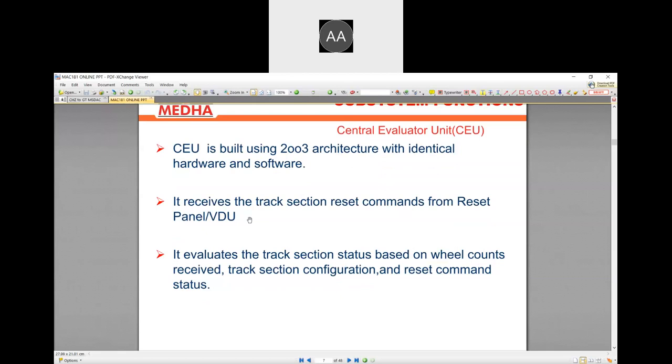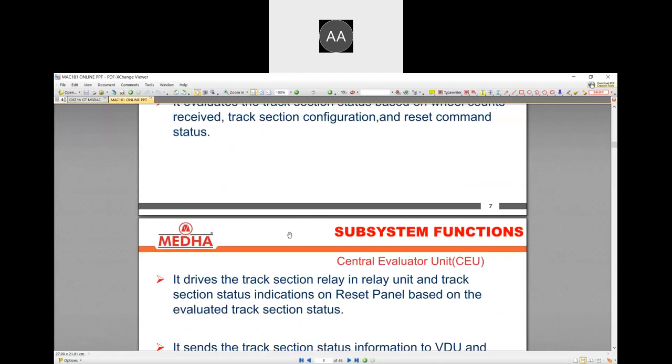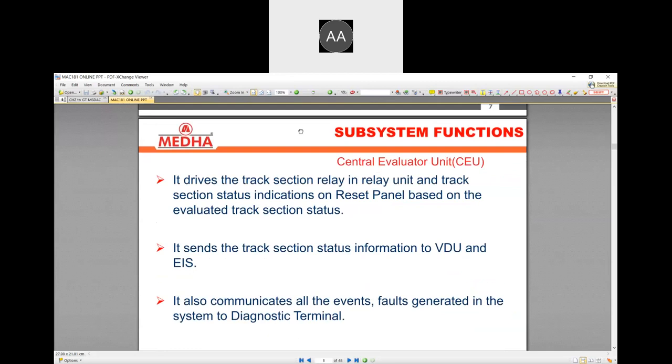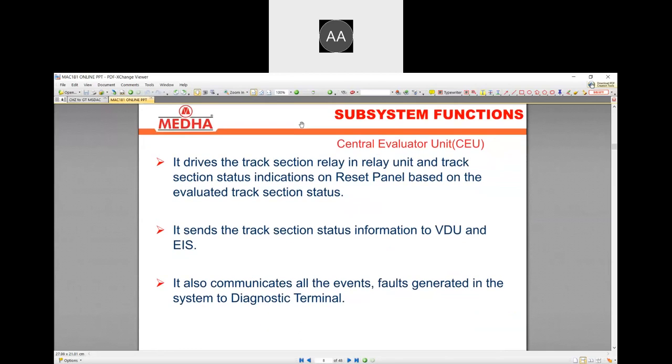It will evaluate the track section status and get the wheel count information as per the configuration provided. It drives all the relays available in the central evaluator unit, whether the track section is occupied or free, and all that information will be provided to the station master through the central evaluator unit.